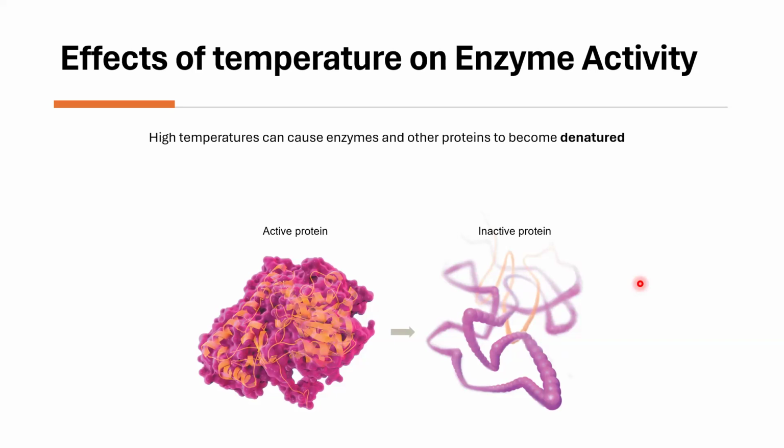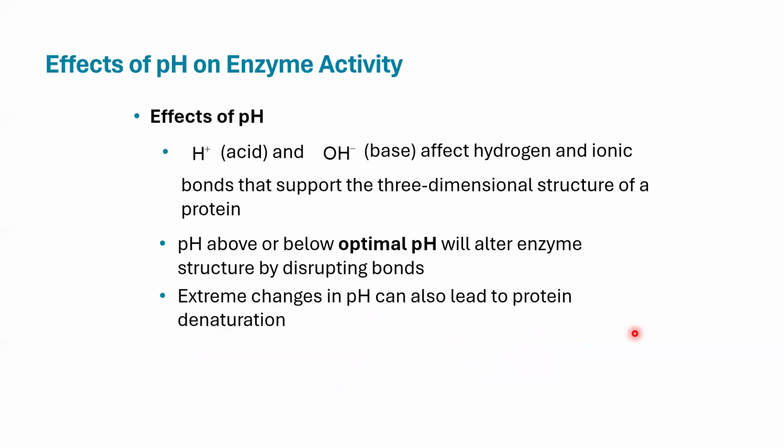One of the reasons is that you get protein denaturation at elevated temperatures. Here's an example of the active protein in all of its tertiary and quaternary structure. But once we denature it, we start to unravel that structure, getting down to just the protein sequence, or the amino acid sequence.